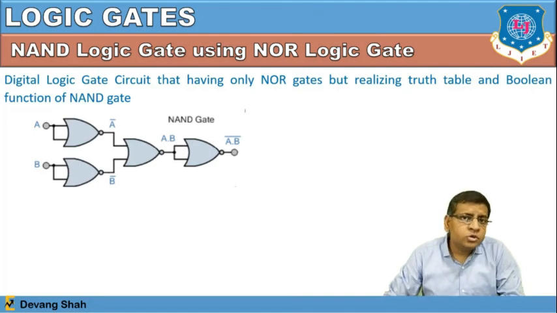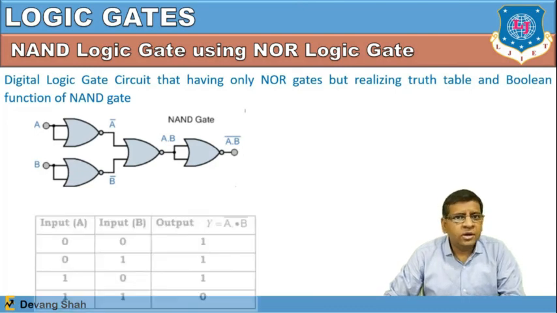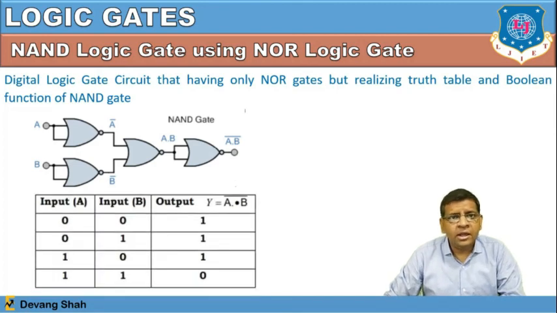That's why these two logic gates are called the universal gates, right? You can see the truth table of the NAND gate, and that is exclusively based on the implementation using the NOR gate, right? So you can just see this, and you can realize that.